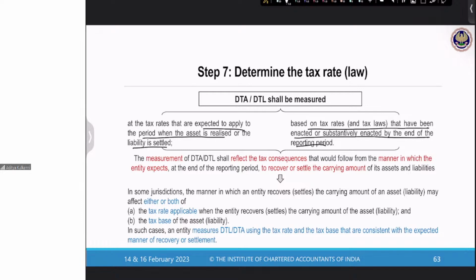Before 31st March 23, the budget is already enacted for financial year 23-24, so you know the tax rate for 23-24, and you can use that rate for the purposes of your reporting. Okay, so this is how you will continue.